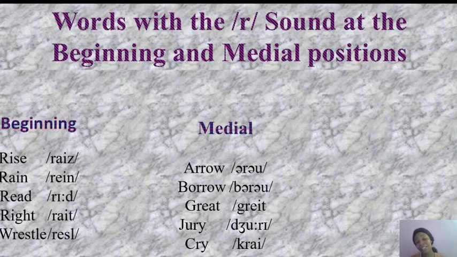Now, as you can see, all those words have the R sound in the middle. And if you notice, there are no words that have the R sound at the end. The reason is because in British English, most words that end with R are not pronounced.